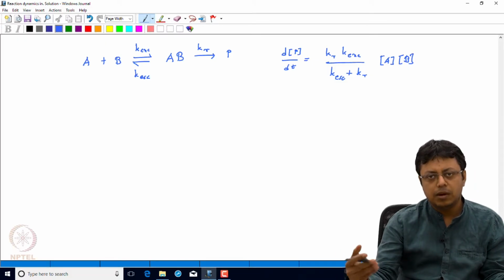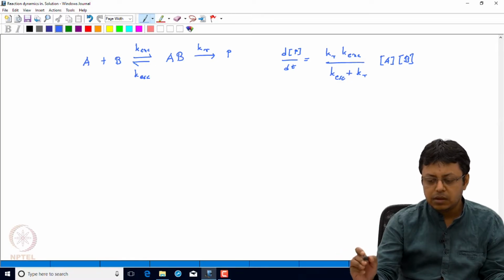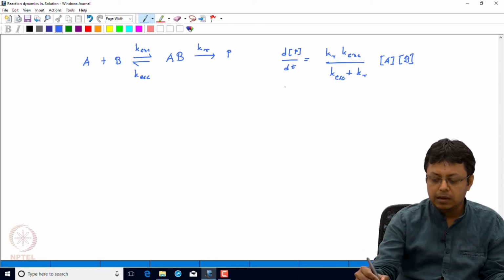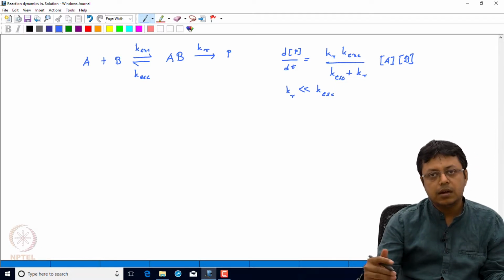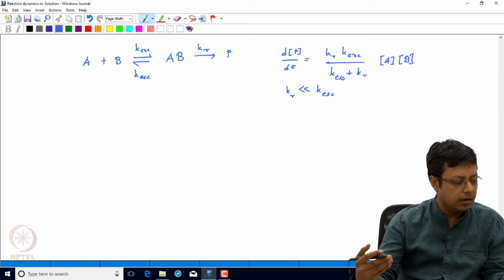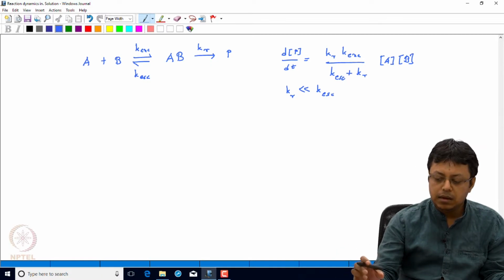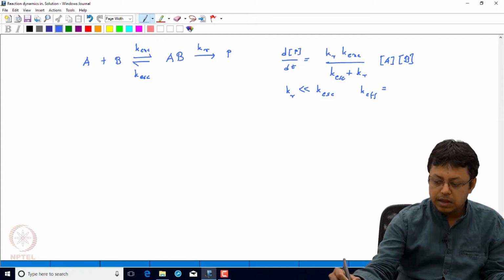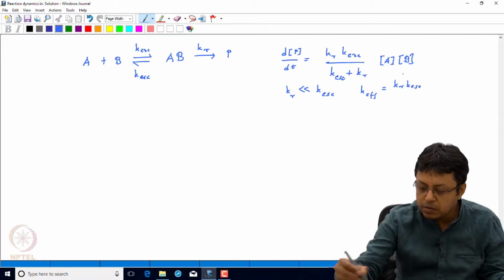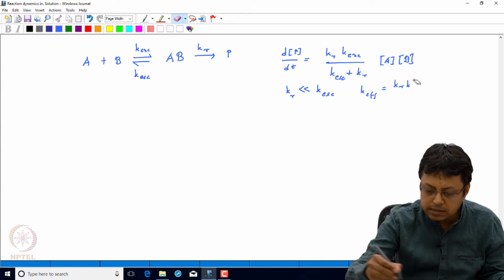It's the same formula which we use for gas phase reaction. And again, if you remember, if we think that this Kr is much smaller than the K escape, which means the reaction is basically limited by the reactive rate, then overall it is a bimolecular reaction. So I will have the effective rate constant as something like Kr K encounter divided by K escape.